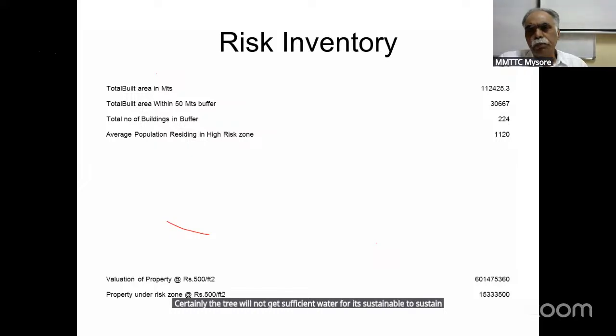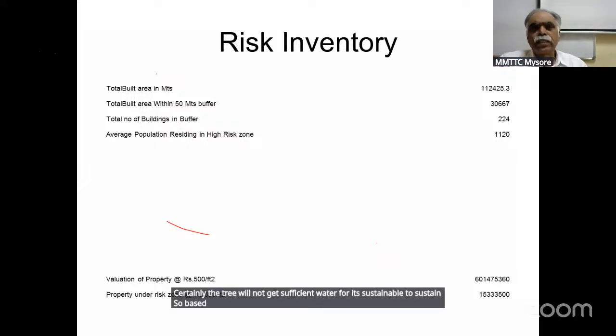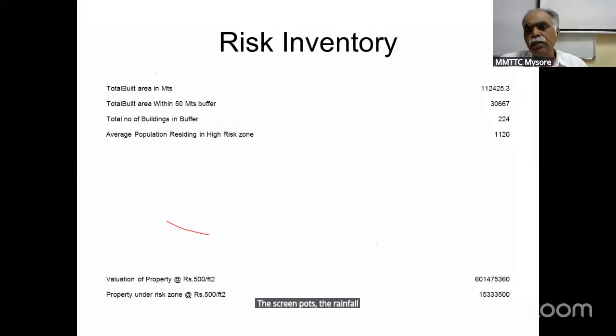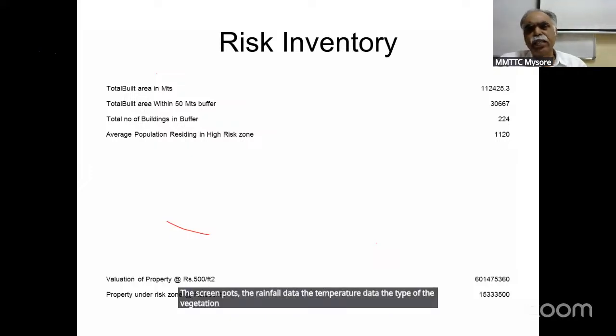So based on all these conditions, the elevation, the degree of the slope, the direction of the slope, the stream paths, the rainfall data, the temperature data, the type of vegetation, and the groundwater situation, I have developed the forest fire susceptibility zone for Namibia.